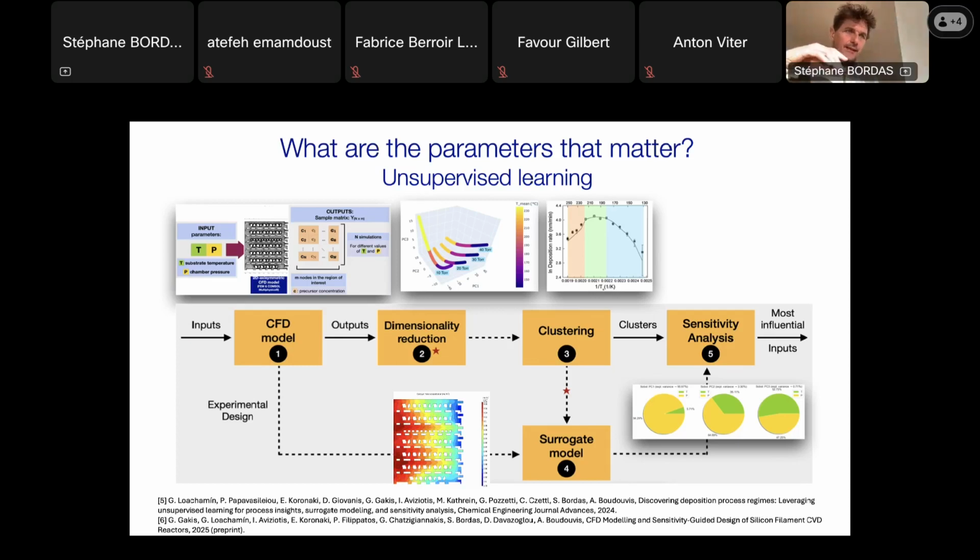Think about it this way: your sensitivity analysis is done by having a parameter distribution. But distribution means statistical distribution. So you have this bell-shaped curve, for instance, and you need to sample the curve.